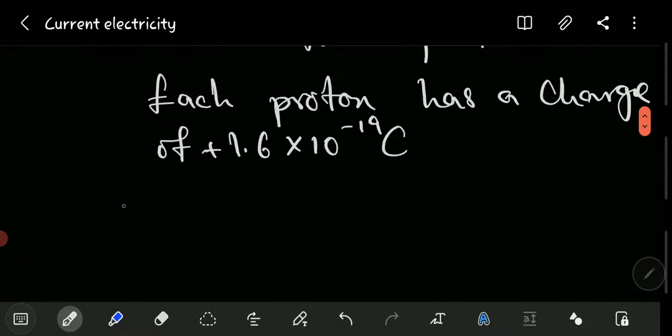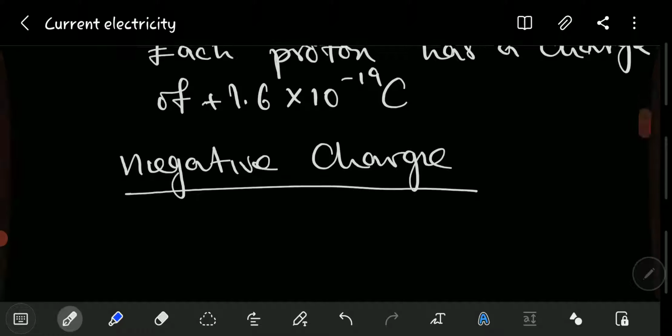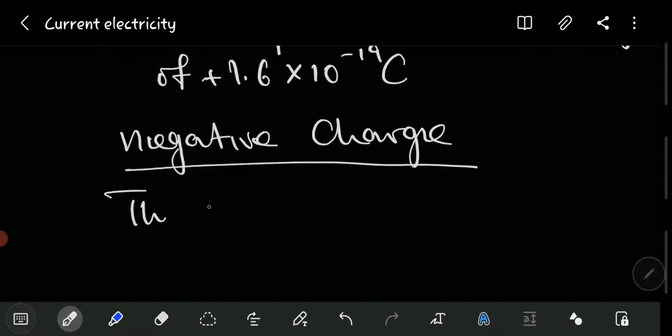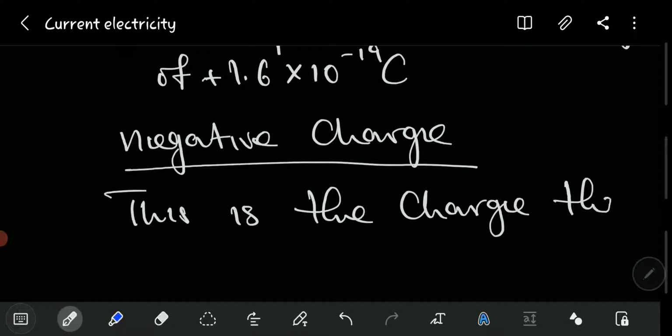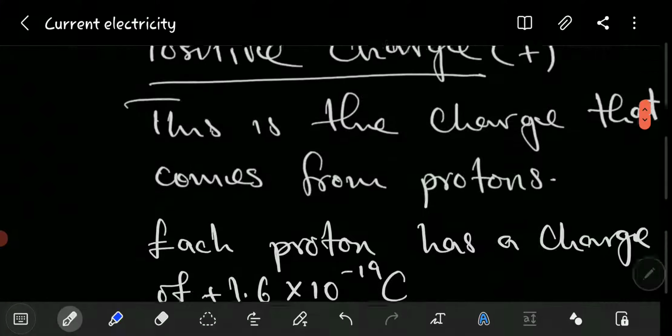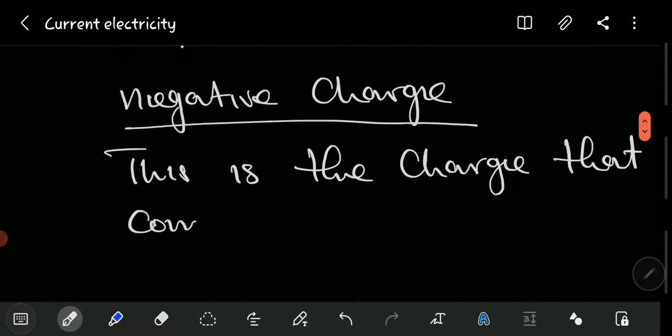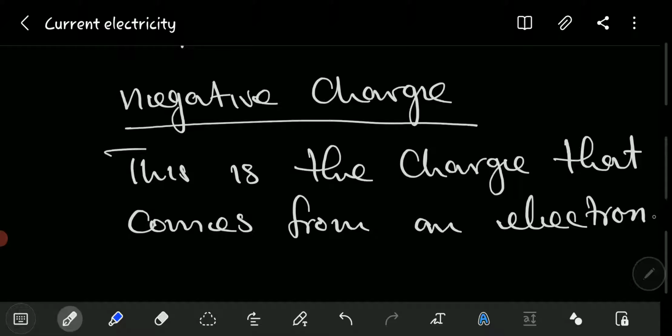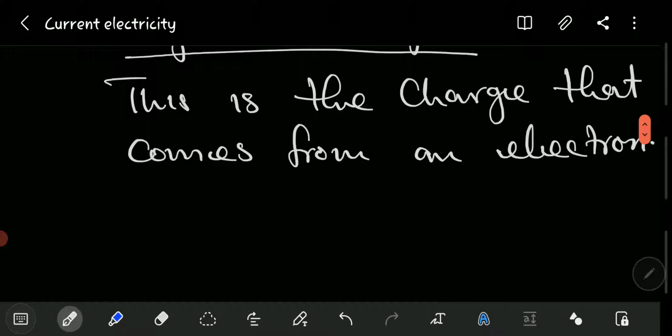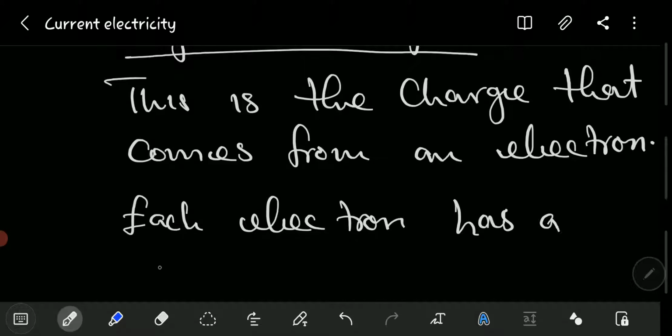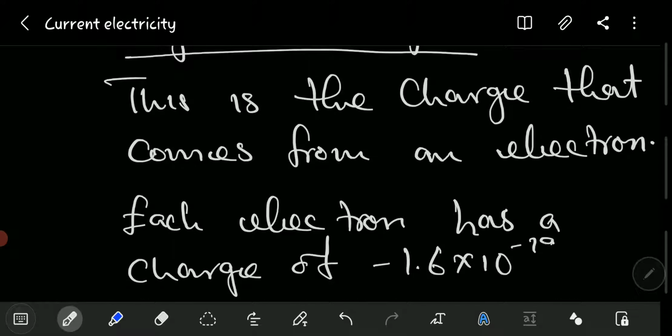Okay. How about negative charges? So this is the charge that comes from an electron, and each electron has a charge of negative 1.6 times 10 to the power negative 19 coulombs.